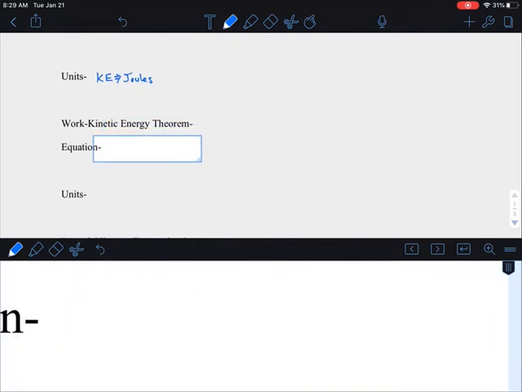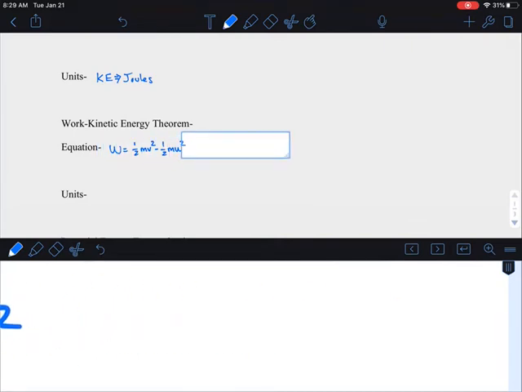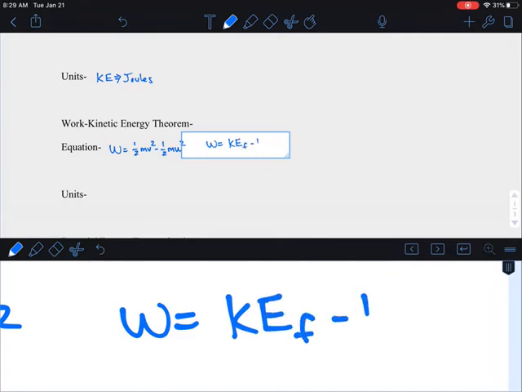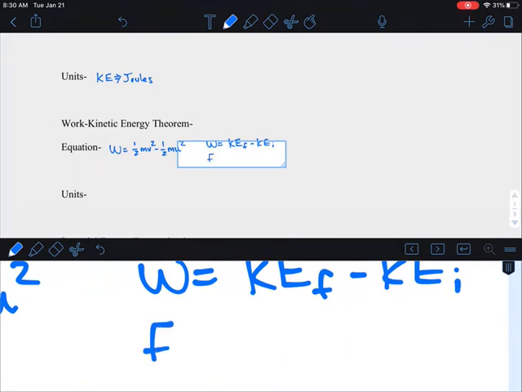Now let's go back to our work kinetic energy theorem. So we derived the equation to look like this. We can rewrite it as work equals KE final, because v is final speed, minus KE initial, which is initial kinetic energy. We can also rewrite the left side of the equation, so work we can rewrite it as FD equals the same thing.